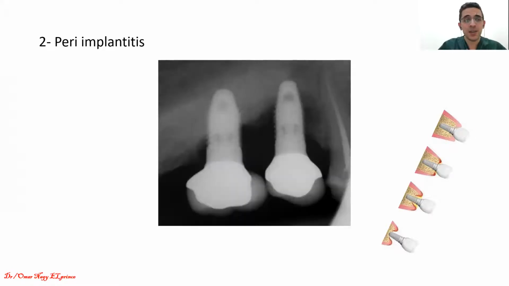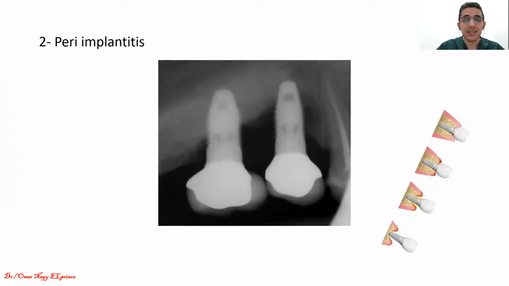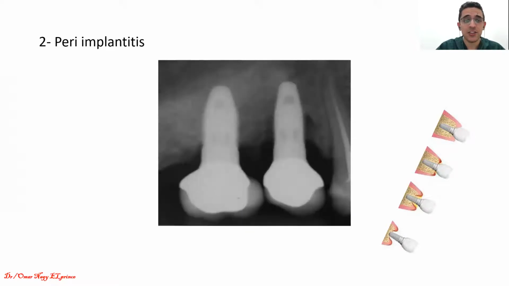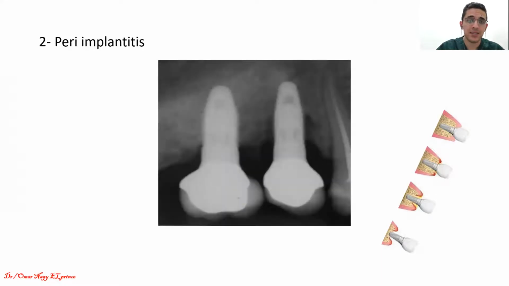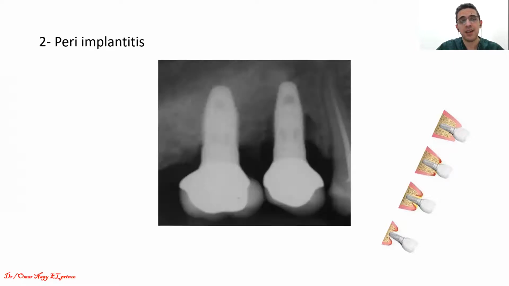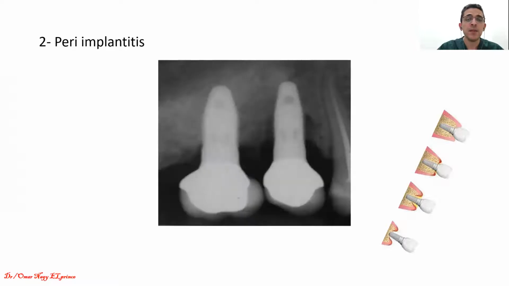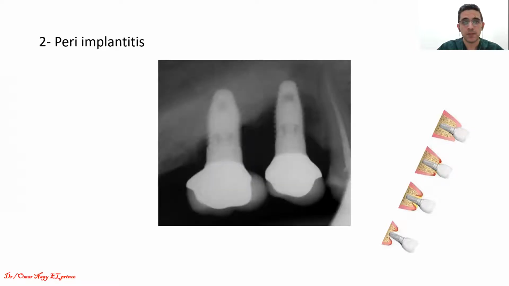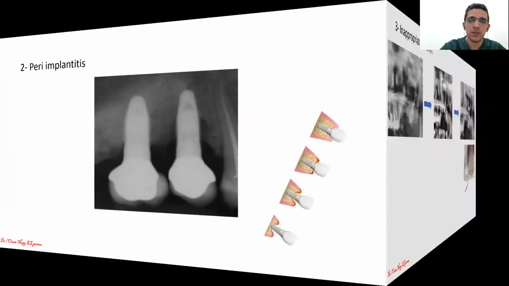And the problem is that the implant itself doesn't heal naturally if it has periimplantitis. The implant itself needs a special treatment لو هو في periimplantitis، لأن periimplantitis بيعمل bone loss، والbone loss will eventually lead you to lose your implant.